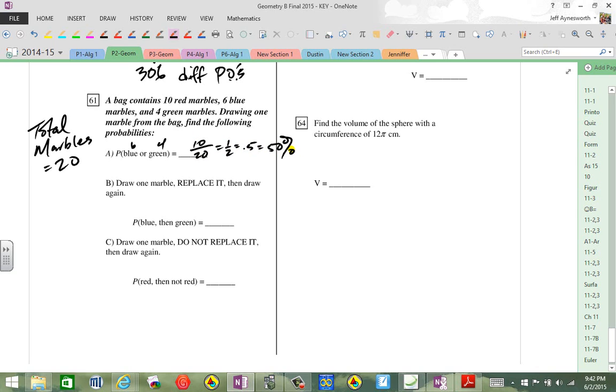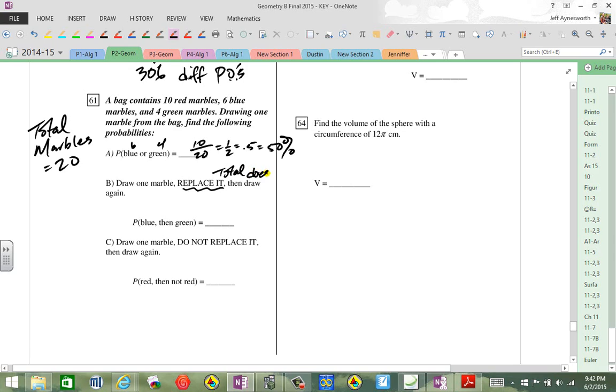All right, now we want to draw one marble, replace it, this key word here, replace it and then draw again. Replacing it versus not replacing it is important. Replacing it means the total does not change. You have to understand that. So, probability of blue and then green.